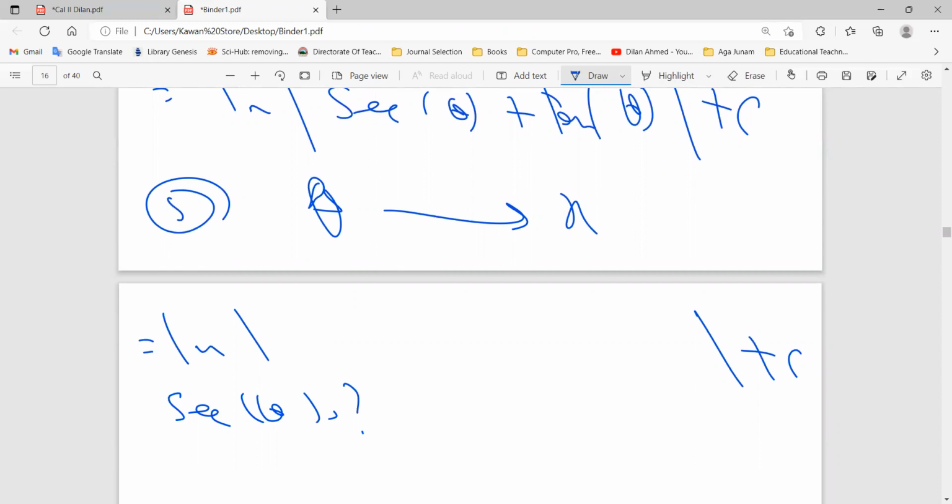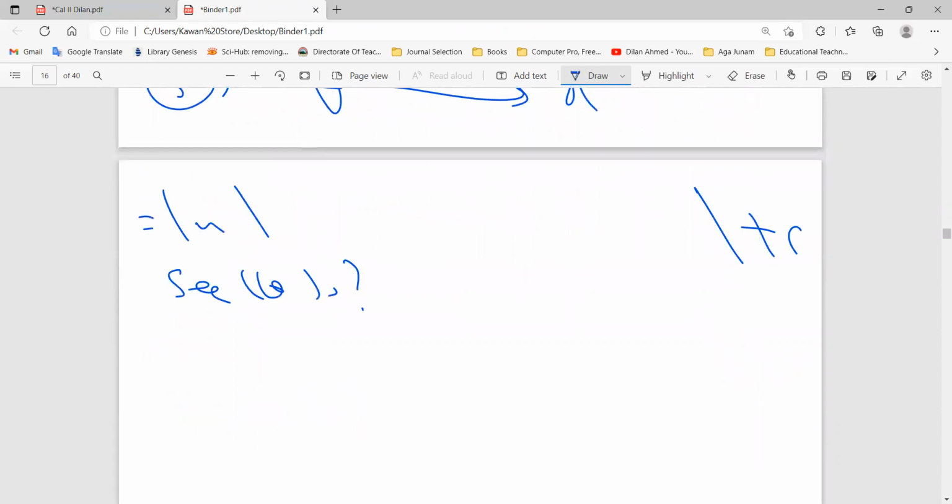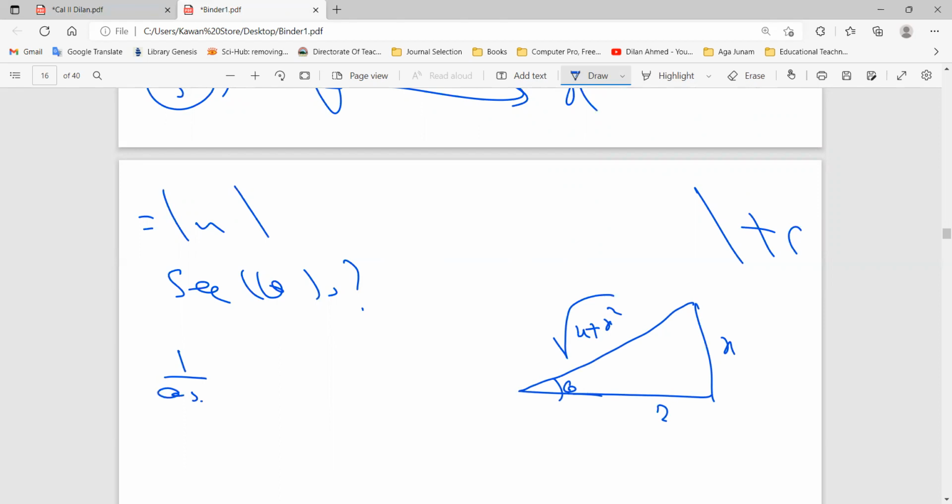Actually, I'm not sure about this, because I told you should go back to the first or the second step. So I have x and the square root of 4 plus x squared. Am I right? Now secant is equal to what? 1 over cosine, right? So cosine is equal to what? Here, there.